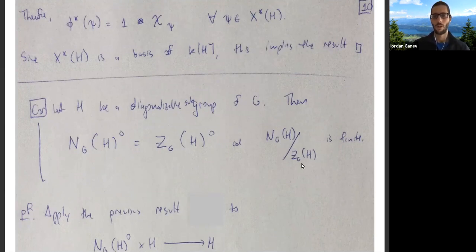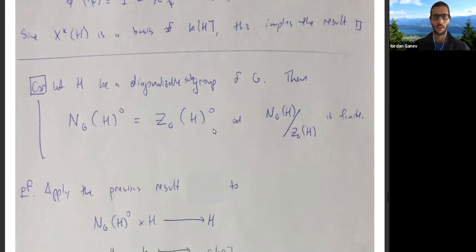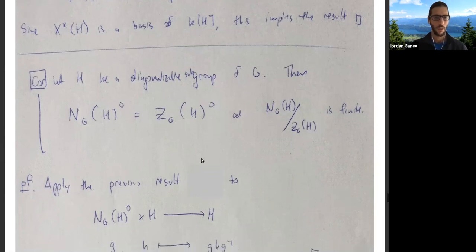Because, I guess you use the third isomorphism theorem or whatever here to see that this is finite, because the index of the connected component of each of the normalizer and the centralizer is finite in the appropriate subgroup, and so then we get this.